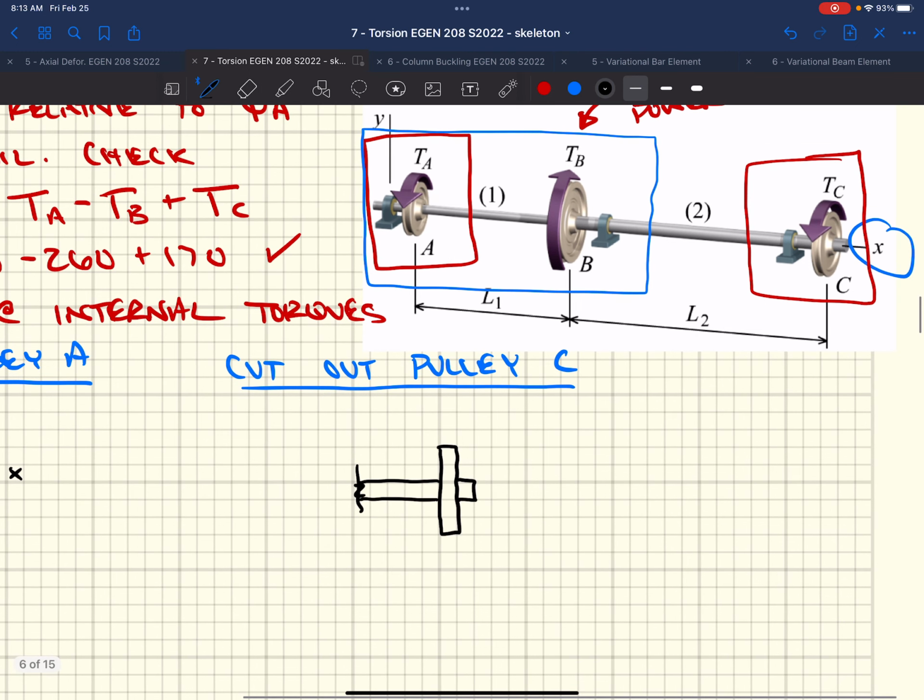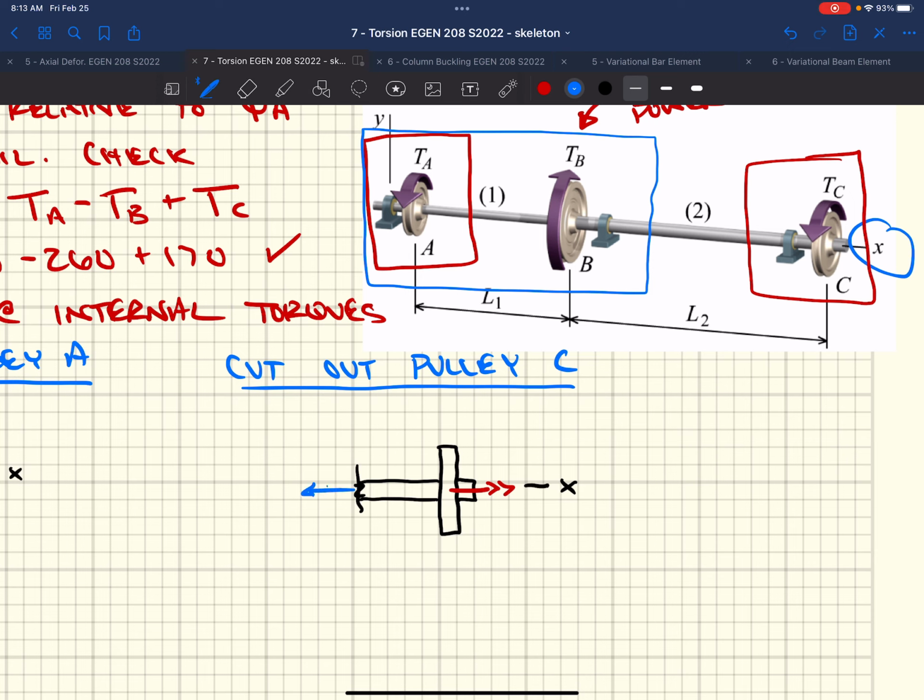Now if we look at that, TC, right-hand rule, our vector is pointed off to the right. This is pulley C. So if we have our applied torque at C, it's going to be acting in this direction. We need to make sure we have our coordinate direction established, right? I'm going to say positive to the right.